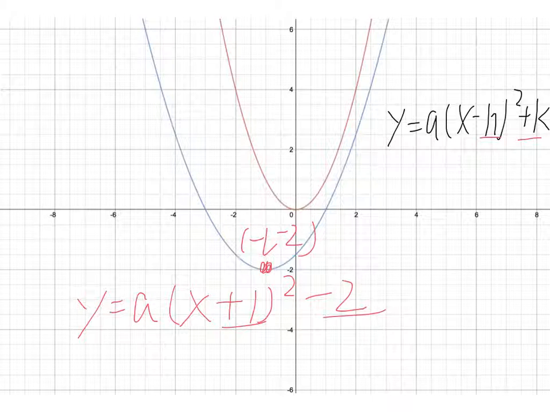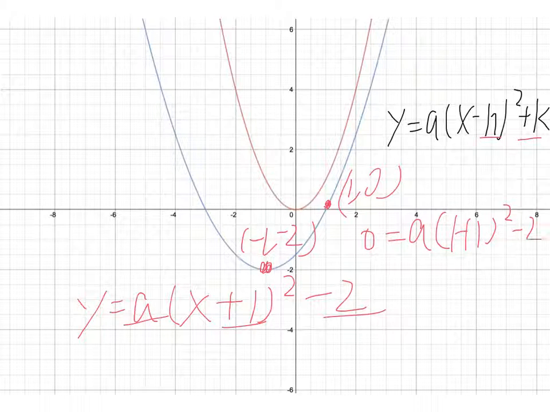We then find another point to find a. Let's see this point, which is 1, 0. Let's plug that in. So 0 equals a times (1 plus 1) squared minus 2, so 0 equals 4a minus 2.